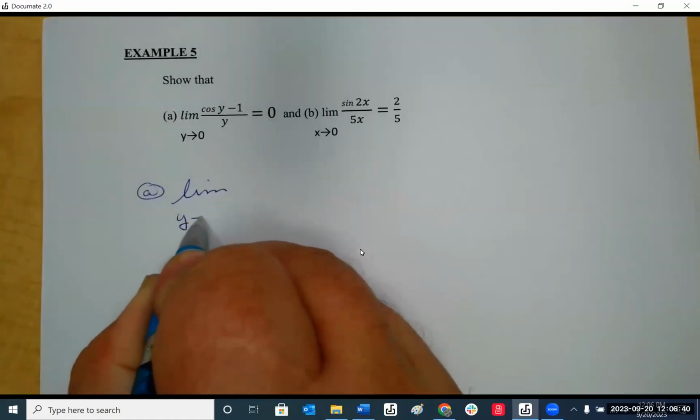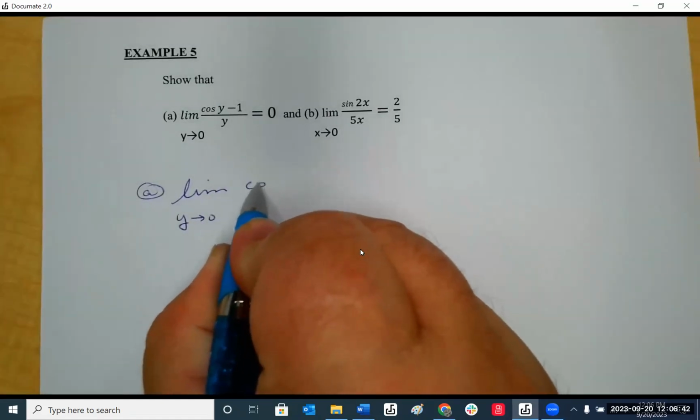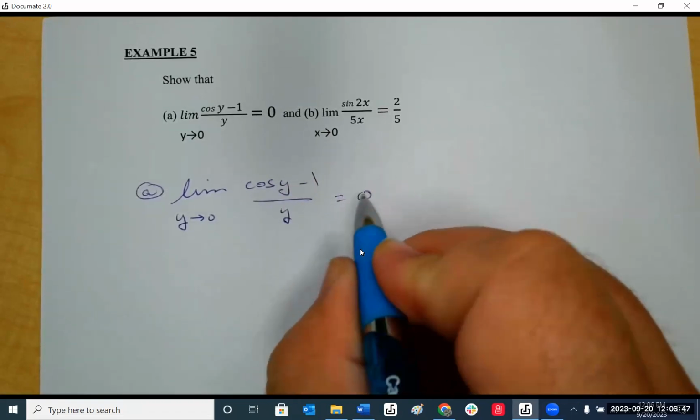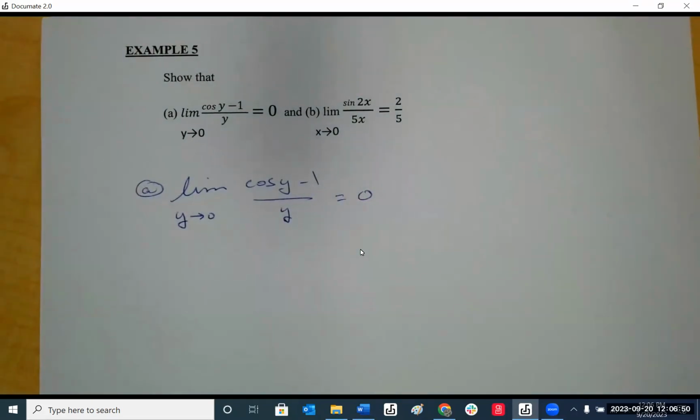The limit as y approaches 0 of cosine y minus 1 over y. Prove that it's 0. Not just cosine y minus 1 sine. It's gonna be what? No, but cosine squared minus 1 would be sine squared. Actually, we could use that.